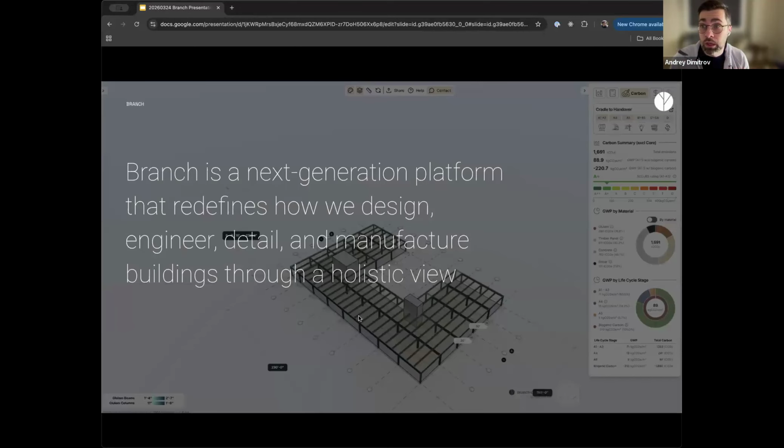So Branch is a platform that has a goal of redefining how we design, engineer, and detail buildings. And we want to do that through a holistic view. By holistic, we mean the entire design process from feasibility to fabrication, and holistic in terms of the people involved, whether it's architects, engineers, developers, or suppliers, bringing all of that knowledge into one platform so decisions can be made both smarter and faster.